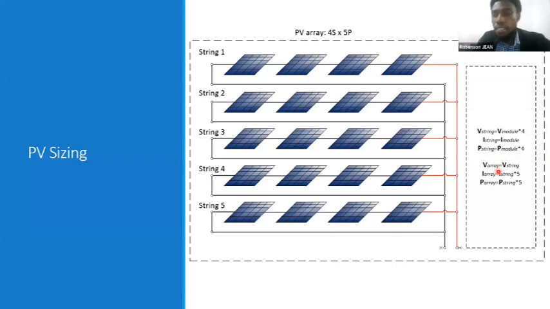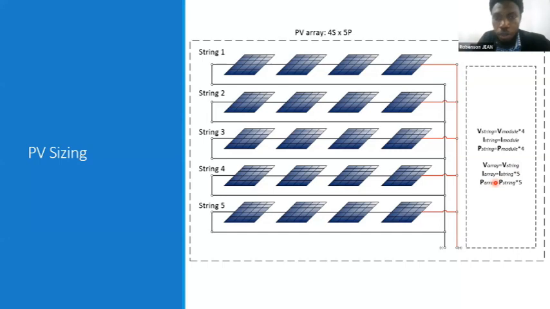And let us see the voltage of the PV array. As all of those strings are put together in parallel, the voltage of the PV array is the same as the voltage of a string.